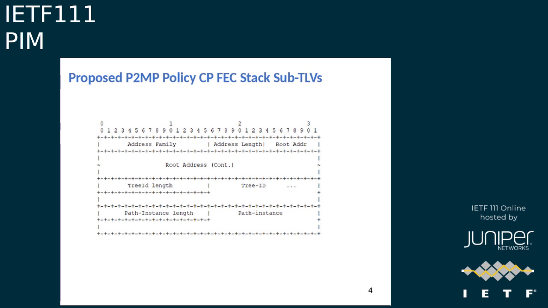So if your data path supports MPLS or MLDP, point-to-multipoint is very easy to program because it's exactly the same. That's why we didn't feel the procedures need to be any different from what is inside that draft, which again, I keep forgetting, 6425, I think it was. I don't know whether that answers your question or not, but that's my summary of it.